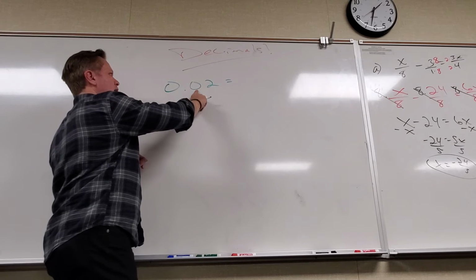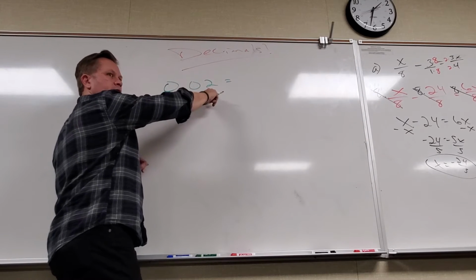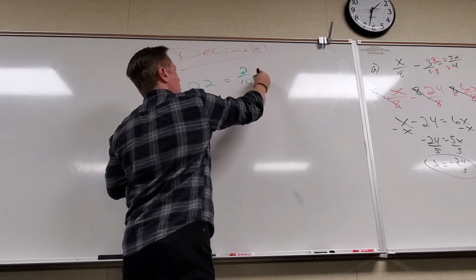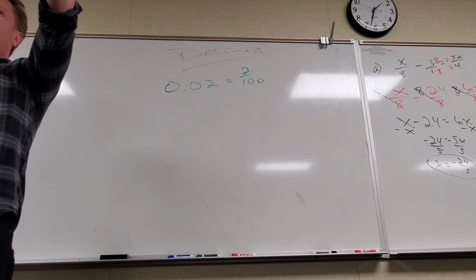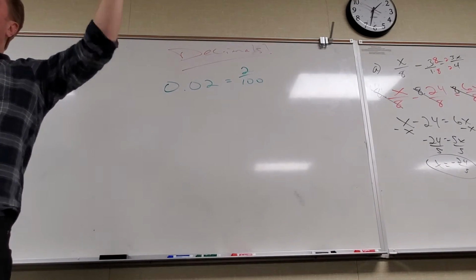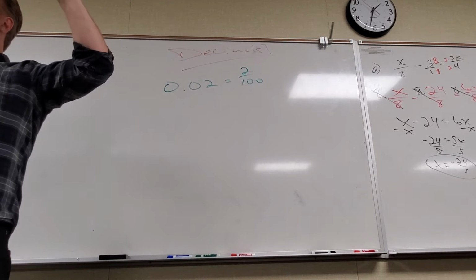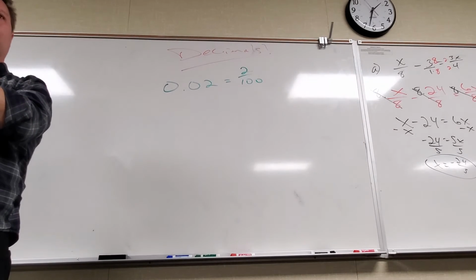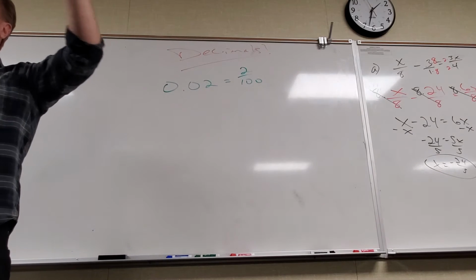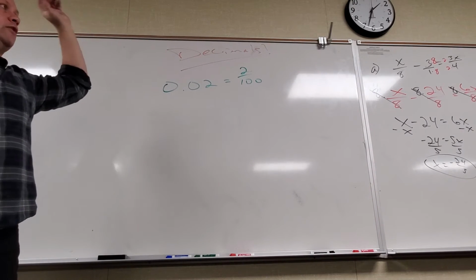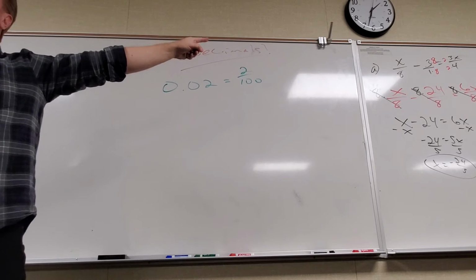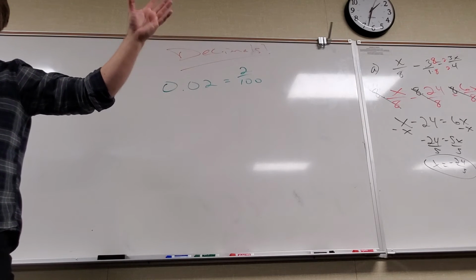Ones, tenths, hundredths. So that's 2 over 100. Decimals are fractions that fit into our base 10 number system. That is all they are. They just have a shortcut way to write them. So how do I solve equations with decimals? The same way we solve them with fractions in them.